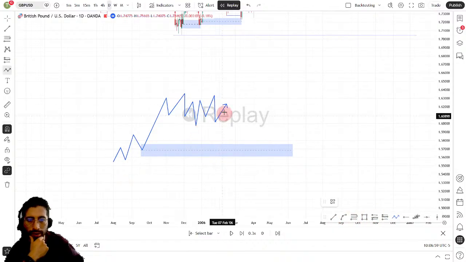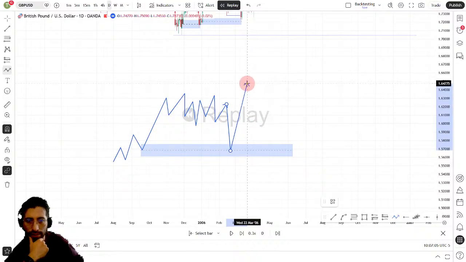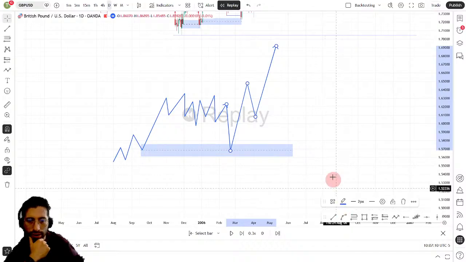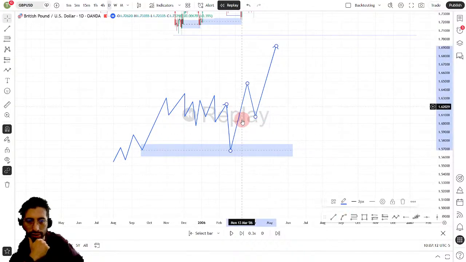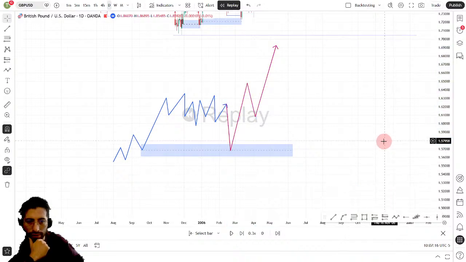We can have the price break and enter one of these first blocks and then go up and up, right? Now, this pattern that we are discussing right here is called a six pattern.